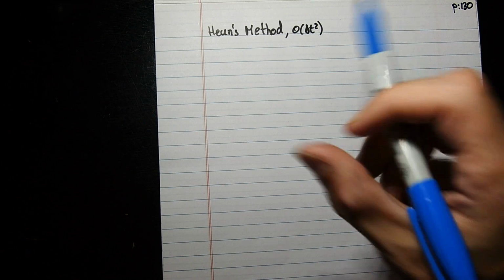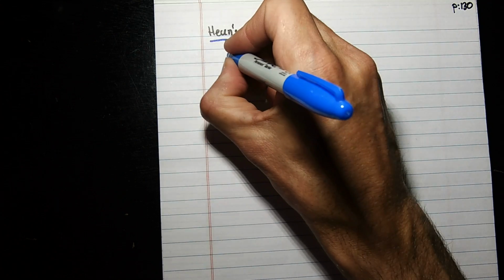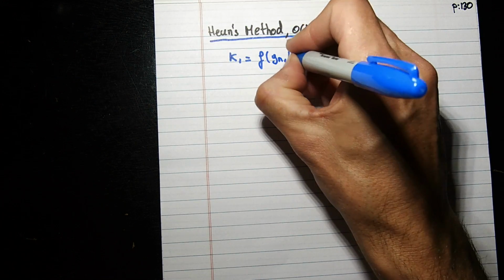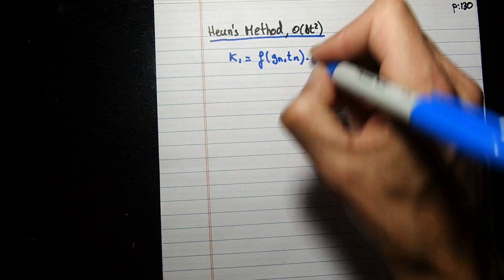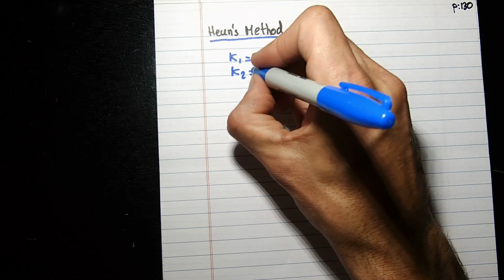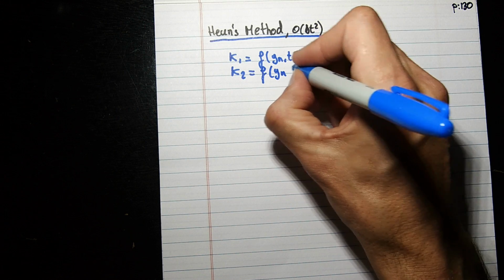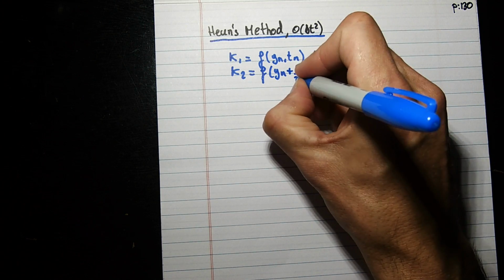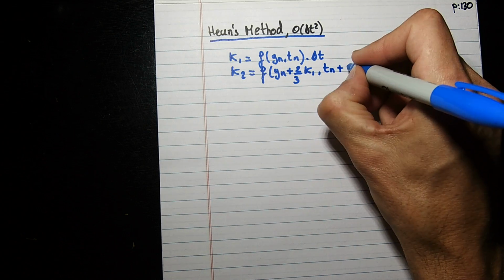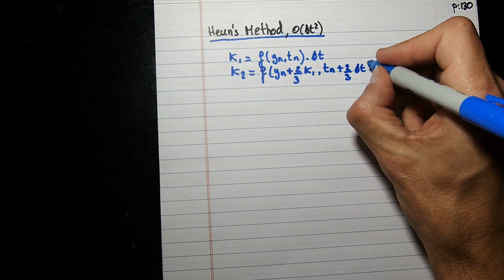I should have done that in blue, but too late. This time we have k1, same as before, equal to f of y of n, t n times delta t. K2 will be equal to f of y of n, but this time, instead of plus k1, it is 2/3 k1, and the time step will be t n plus 2/3 delta t.